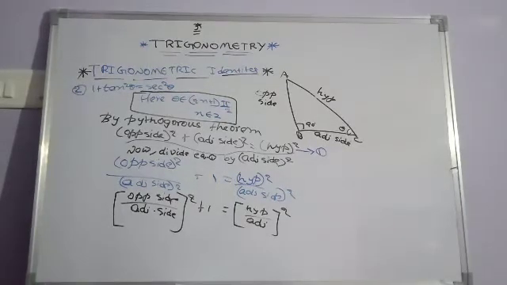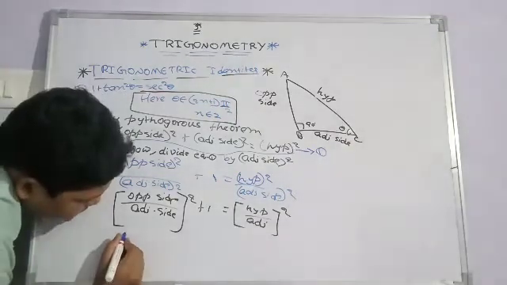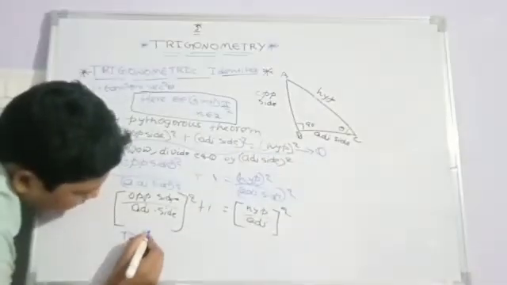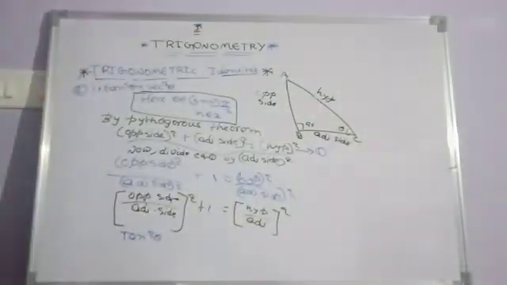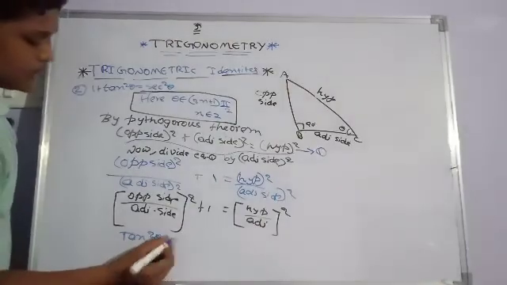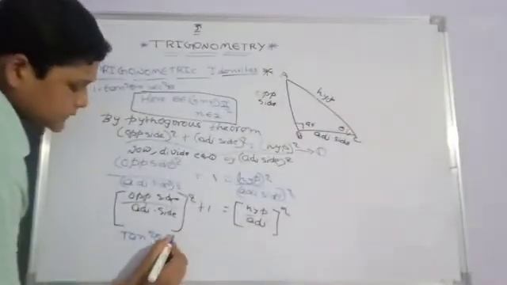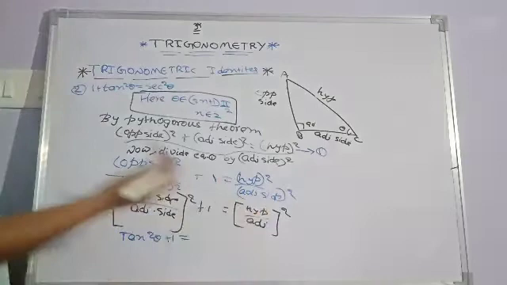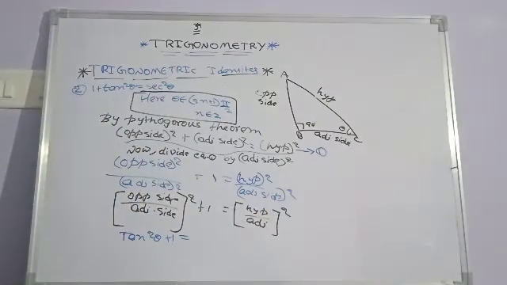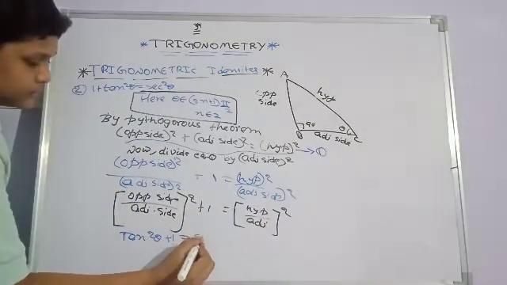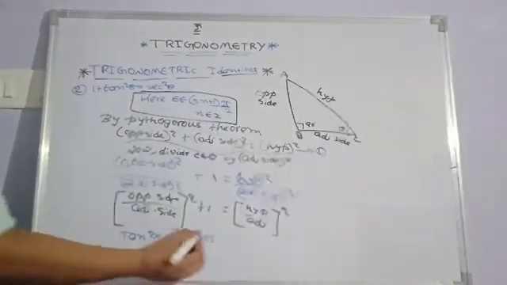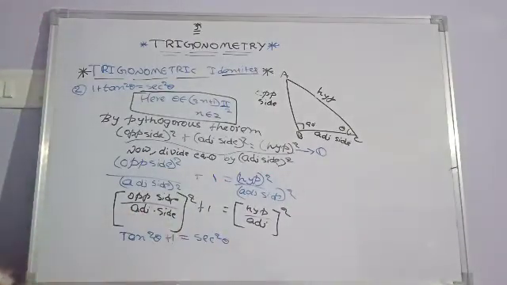We know the ratio of opposite side by adjacent side is tan. So we can write tan square theta plus 1 is equal to hypotenuse by adjacent side, which is secant, so secant square theta.